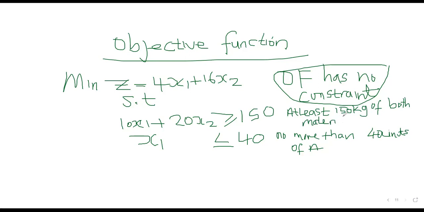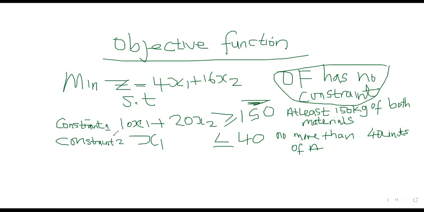So this one is a constraint because it has a boundary of this 150. This is also a constraint. So constraint 1, constraint 2.